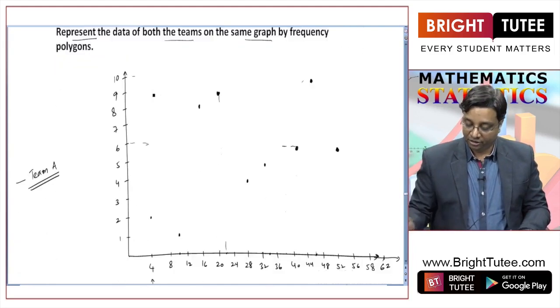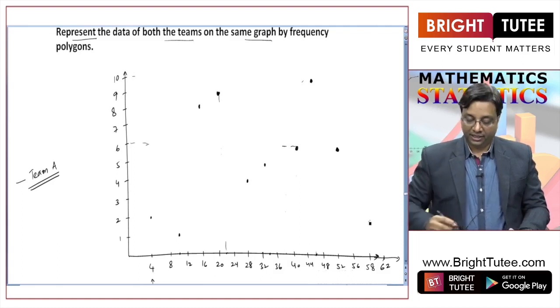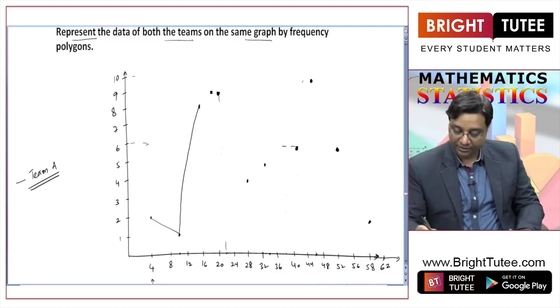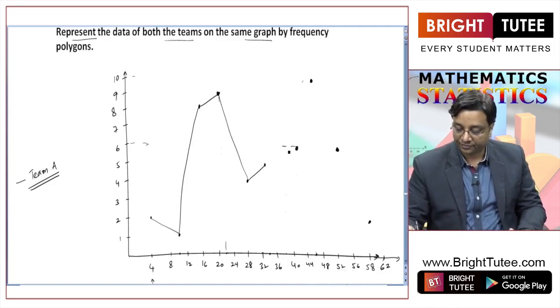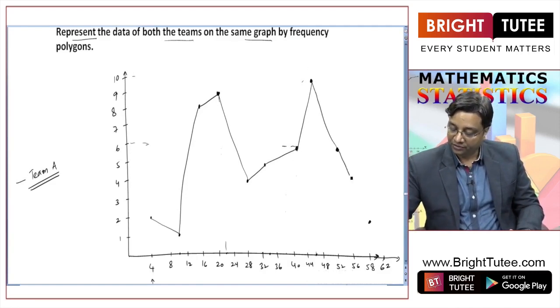So 58 and then we go up to a height of 2 units. And now if I join these points, these are straight lines. Okay, so you need to use a scale. So you join these points to complete your frequency polygon.